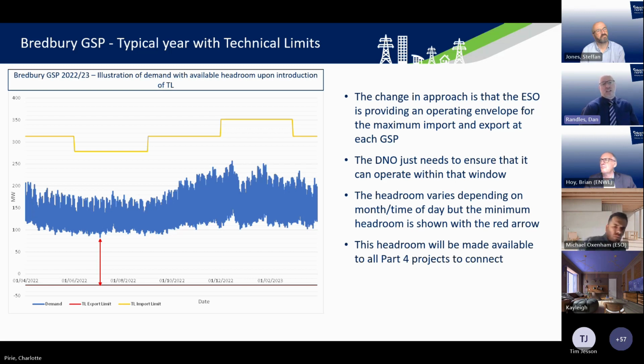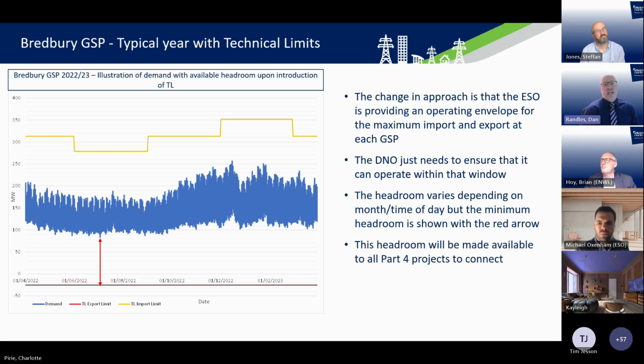That's essentially what we're trying to ensure: that we don't breach those limits as we bring those Part 4 customers on to the network on a managed basis. We will do so to ensure that we don't breach those limits.